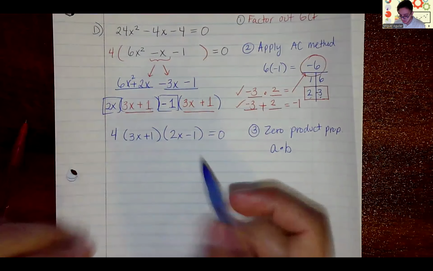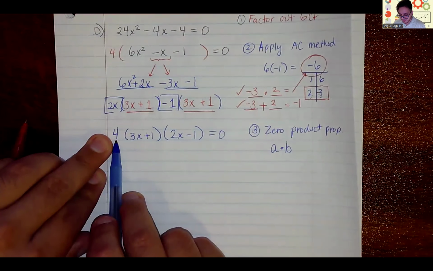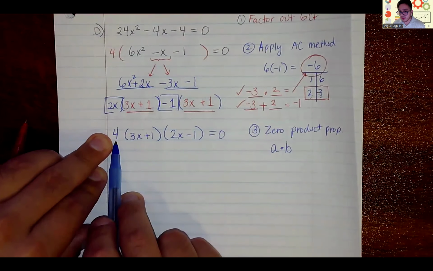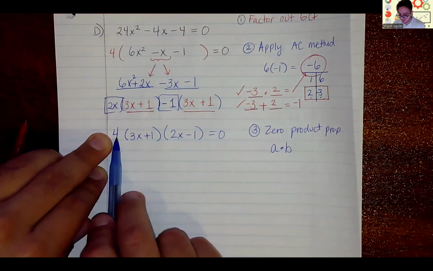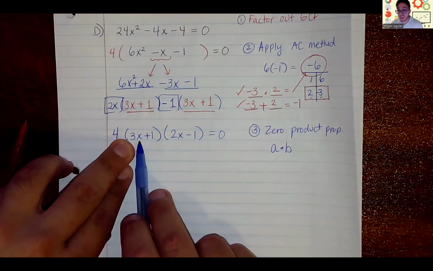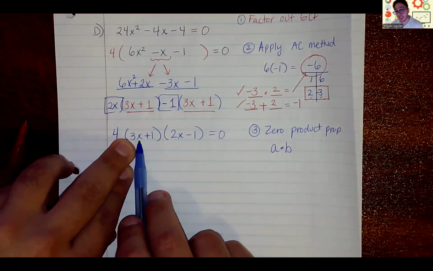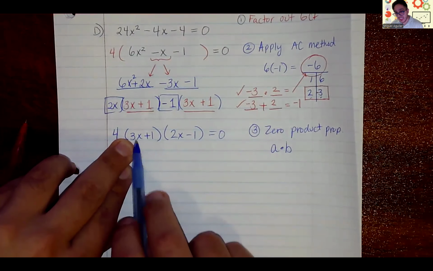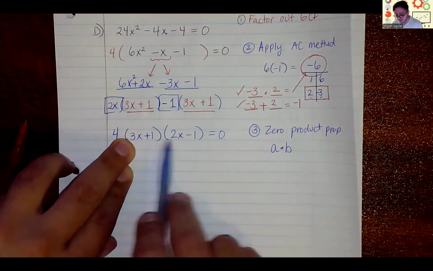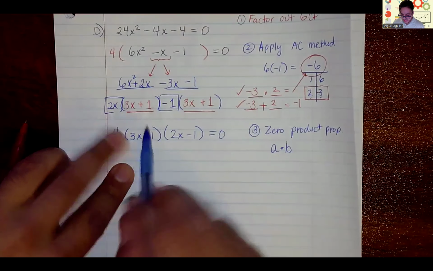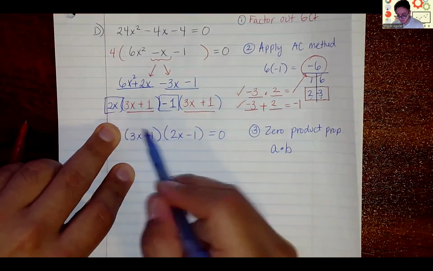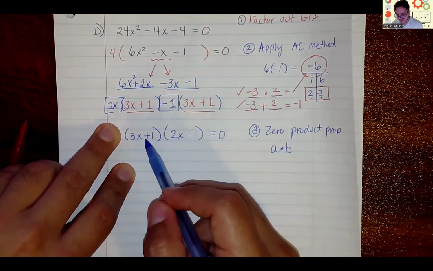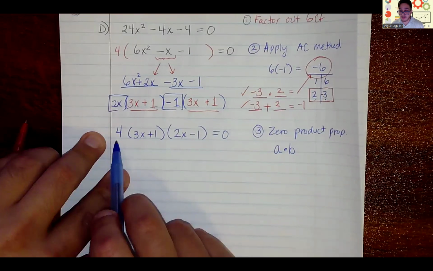But if you think about this, we know the value of 4. It is a constant here. It doesn't have a variable attached to it, but we're multiplying it by this polynomial, which is variable because of the variable x here. So this could possibly be 0 once we introduce a number for x. It's possible to get a 0 from this. It's not possible to change that 4 into a 0.